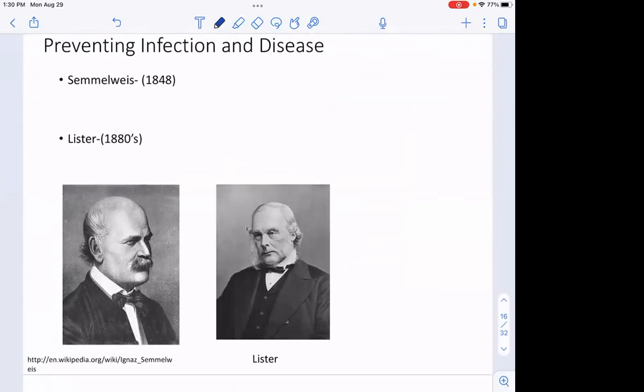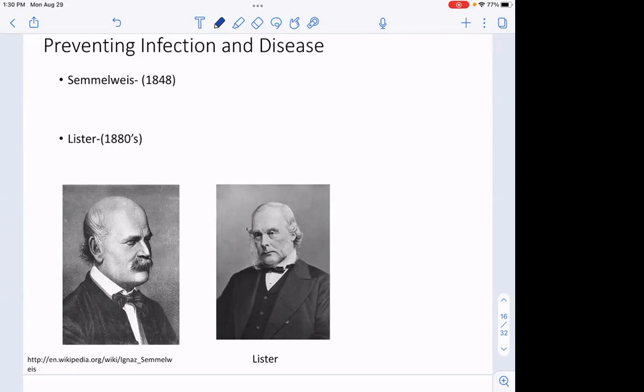And then in terms of preventing disease and infection, a couple names: Ignaz Semmelweis. He was a Hungarian physician that in 1848 noticed that many mothers that gave birth at the hospital, maybe around 10 to 15% of them, actually developed this infection called childbed fever.